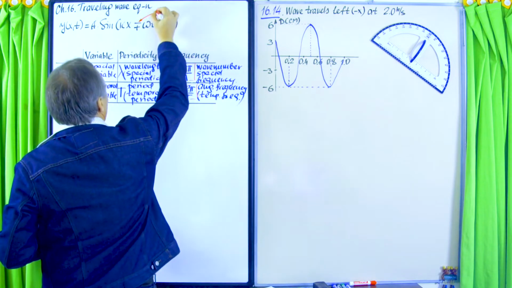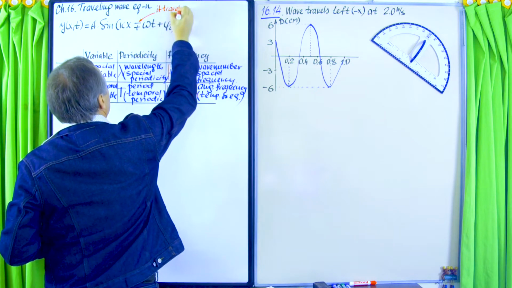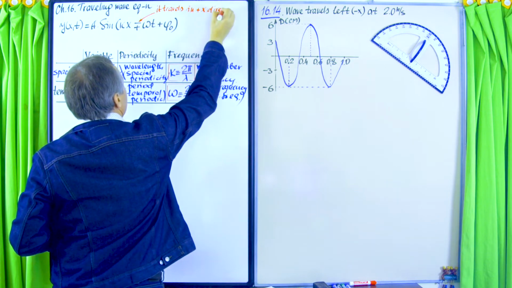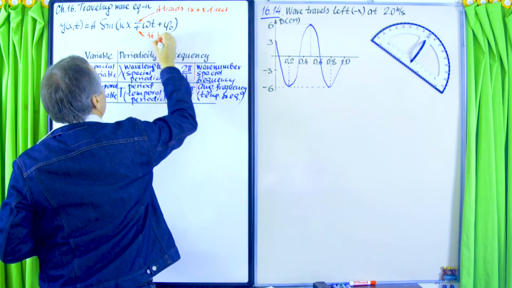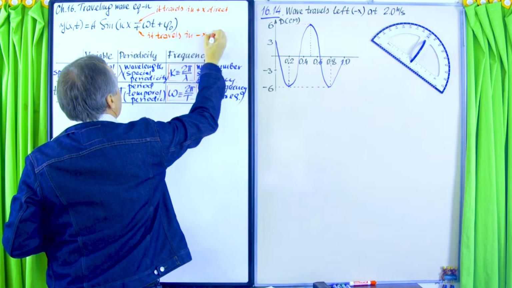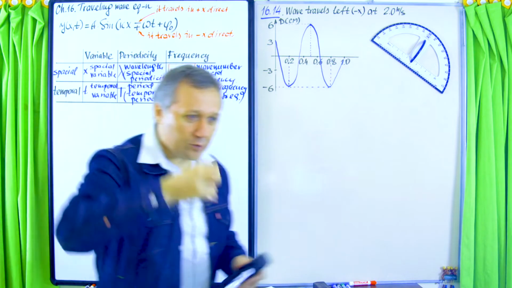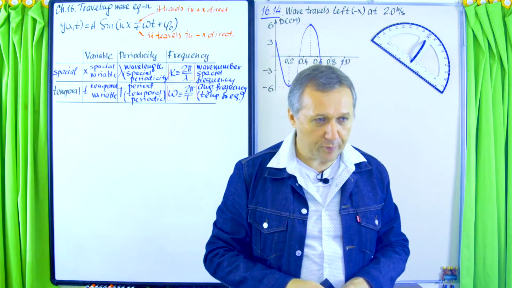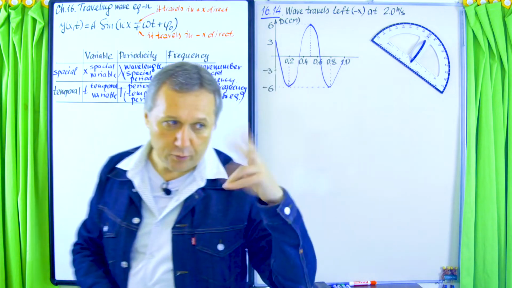Let me write: it travels in plus x direction. And plus means that it travels in minus x direction. So remember this sort of inverted situation. Minus gives us the positive x direction of propagation, and plus gives us the negative x direction of propagation, right? You just need to remember that.